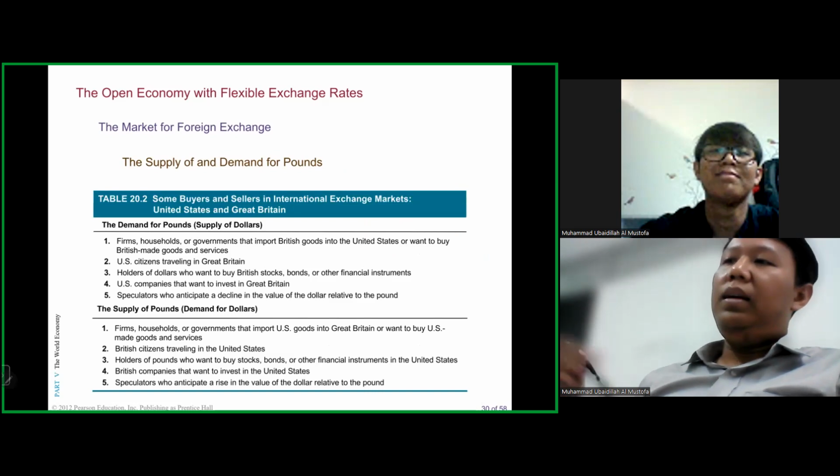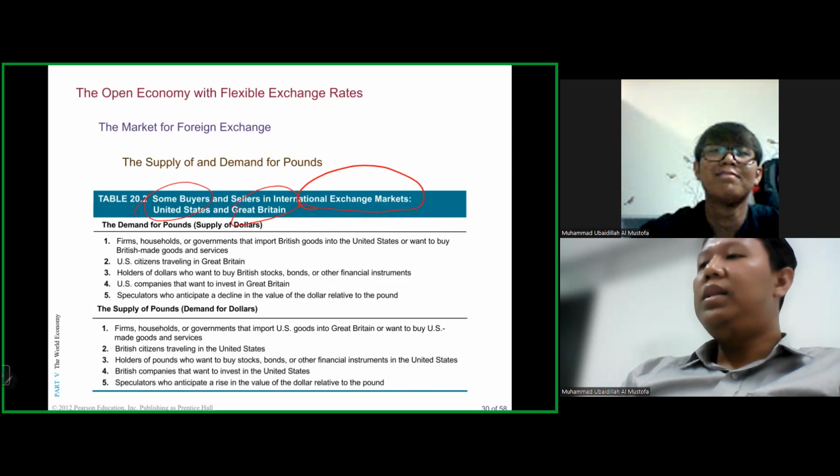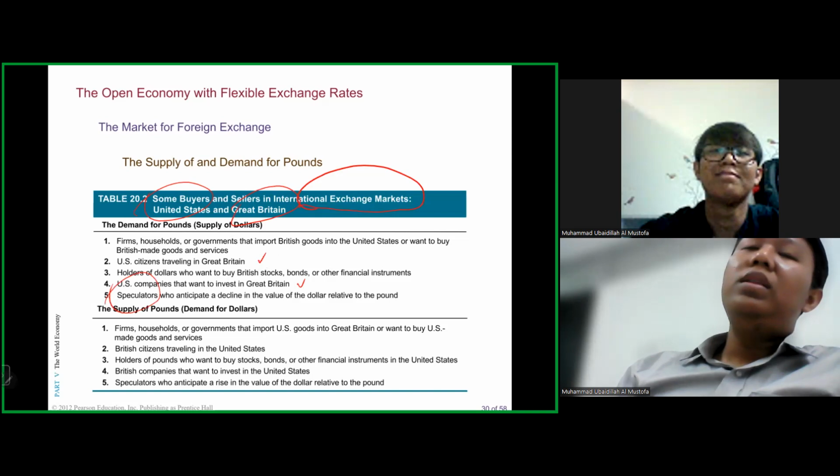So these are the buyers and sellers in the international exchange market for two currencies, the US dollar and the British pound. We have firms, households, and governments, I mean British companies, and also the citizens, the US companies that want to invest in Great Britain, and the speculators.